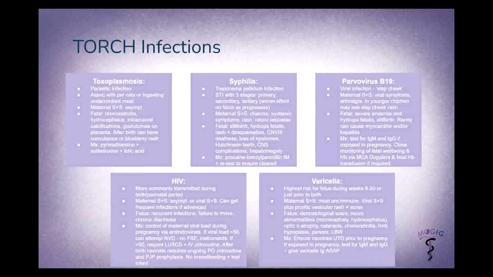So looking through these conditions, we can see here that toxoplasmosis has instances of hydrocephalus and intracranial calcifications. The only other one here that we might be concerned about is potentially varicella, which also leads to hydrocephalus.